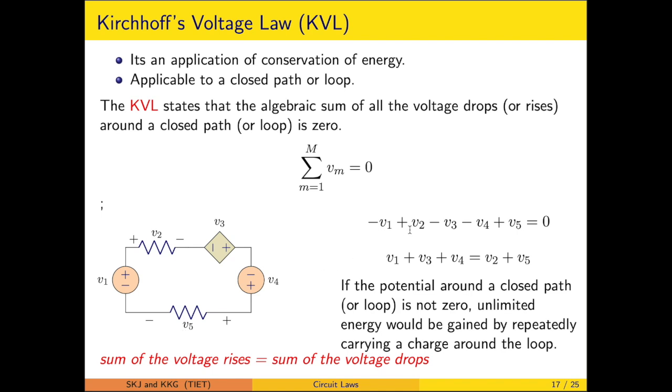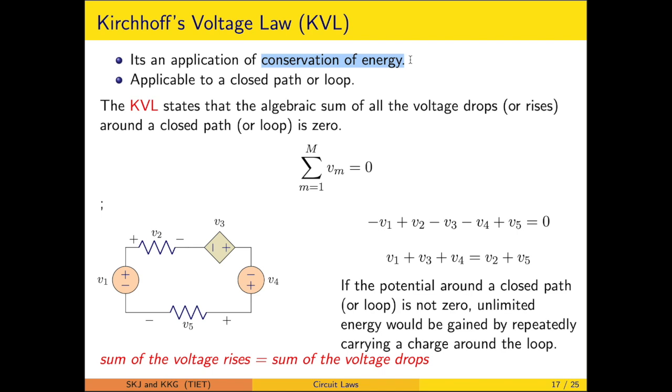As mentioned previously, the rise is assigned the negative polarity, the drop is assigned the positive polarity, and the equation is written. You can translate that as the sum of the voltage rises is equal to the sum of the voltage drops. But the question arises, how does this conservation of energy hold true?